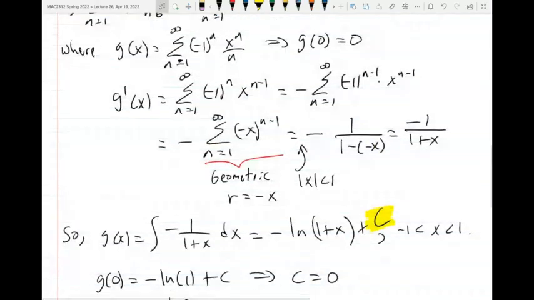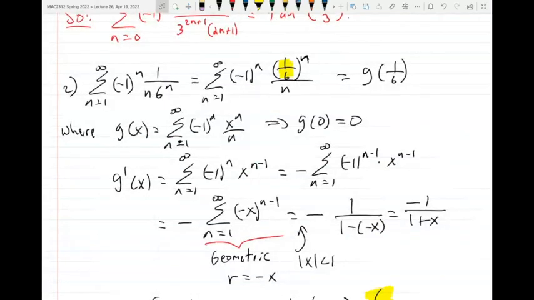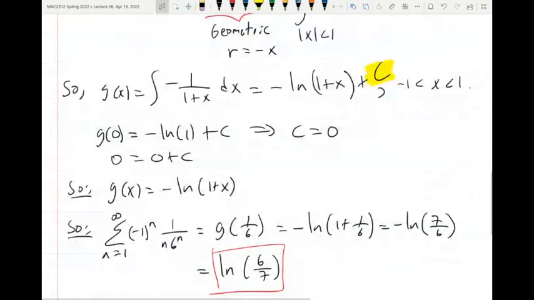This is g, right? So g of 0 is 0, because the terms here begin negative x plus x squared over 2 minus x cubed over 3 plus, and so on. Everything has an x, so you plug in 0, you get 0. Okay, I see. I was plugging 0 into the wrong thing.